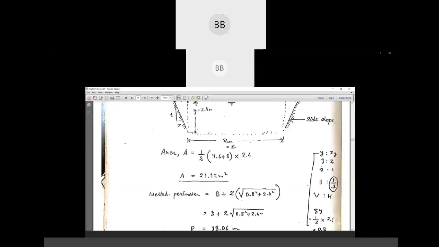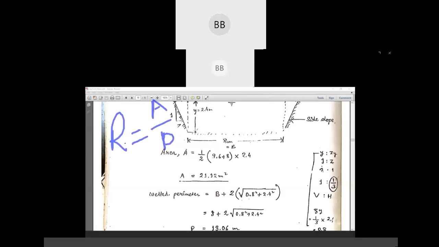So you've calculated the area. Then definitely we need to find out R. To find out R, we know we need area by wetted perimeter. So area we have calculated.